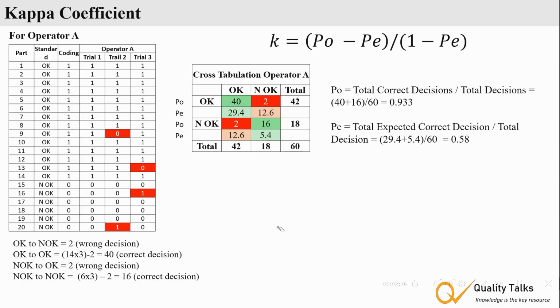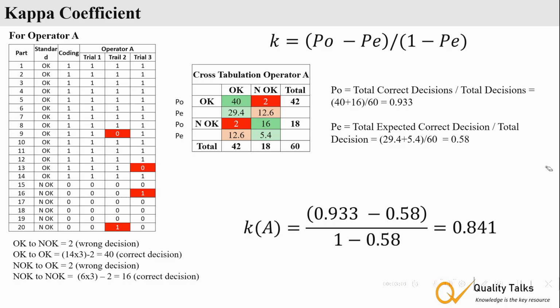The formula for probability expected PE is total expected correct decisions divided by total decisions. The values of expected correct decisions are 29.4 and 5.4. So summing 29.4 and 5.4 and dividing by 60, PE came as 0.58.